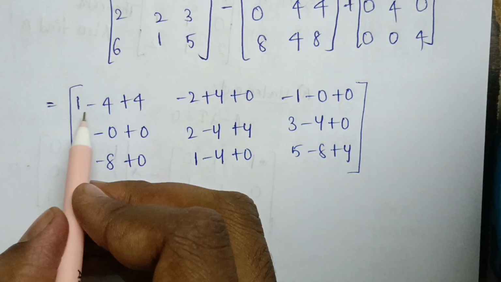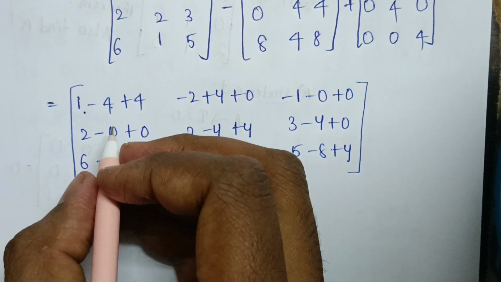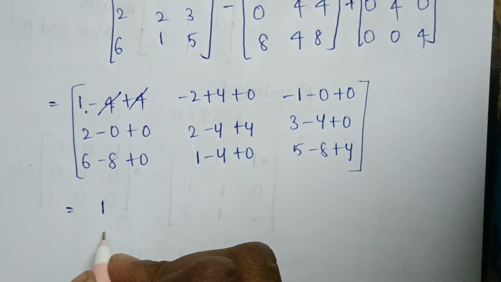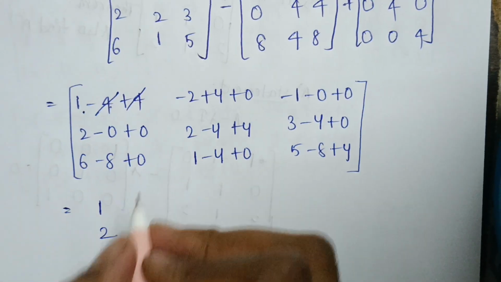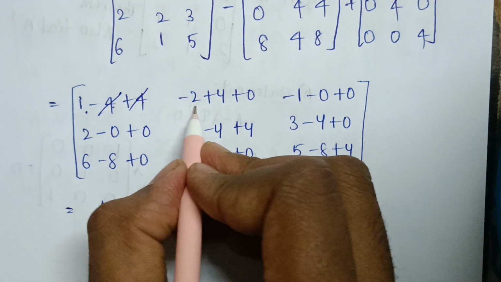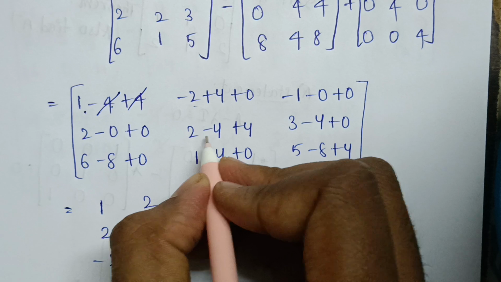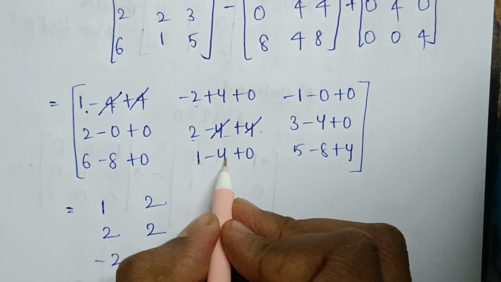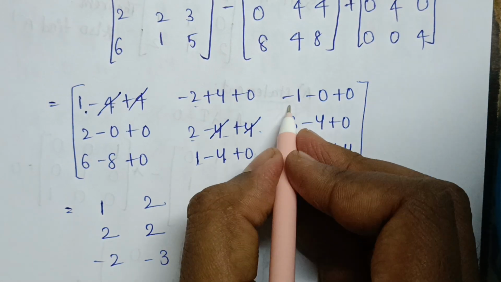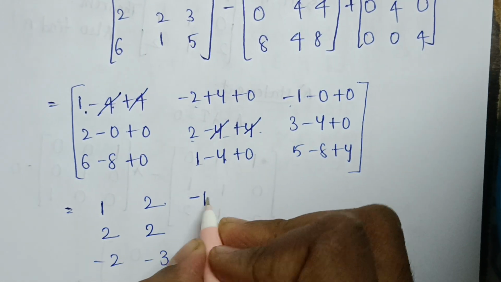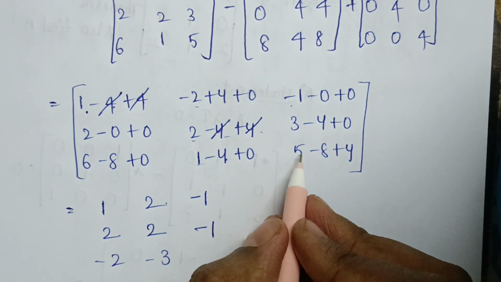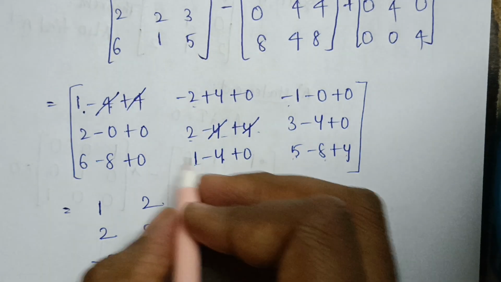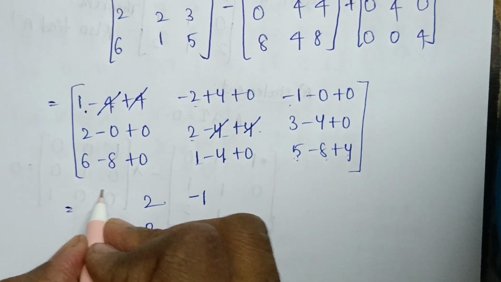The A inverse is 1 minus 4 plus 4, which is 1, 2 minus 0 plus 0, 2, 6 minus 8 minus 2, minus 2 plus 4, 2, 2 minus 4 plus 4, 2, 1 minus 4 minus 3, minus 1 minus 0 plus 0 minus 1, 3 minus 4 minus 1, 5 minus 8 plus 4, which is 1, minus 3 plus 4, which is 1.